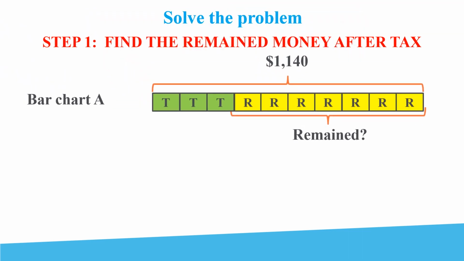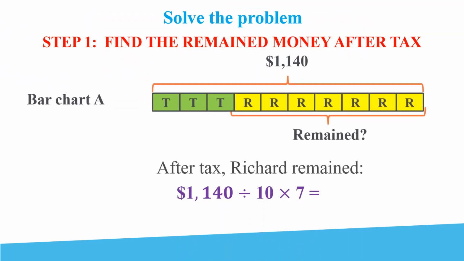All we need to do is to divide the paycheck, $1,140, by 10, which is the total boxes on the bar chart, and multiply that with 7, because 7 out of 10 are the money remained from the paycheck. 3 out of 10 went to pay the taxes.